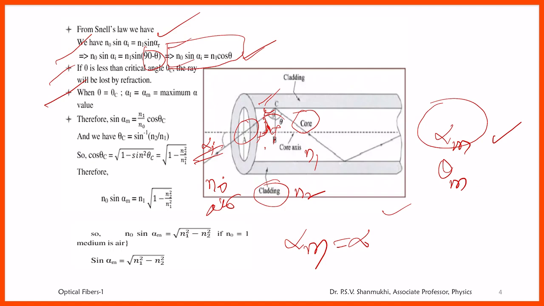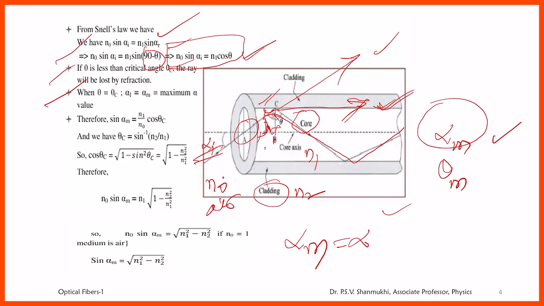Actually, there are three cases possible at any light ray incidence: the light ray may escape from the cable, the light ray may travel along the boundary of separation, or the light ray is reflected back into the same medium. In the first case, that is refraction, the light will be lost. In the second case, the light ray is incident at the critical angle and, without suffering any deviation, travels along the boundary of separation. If the incident angle theta is greater than theta c, it undergoes total internal reflection.